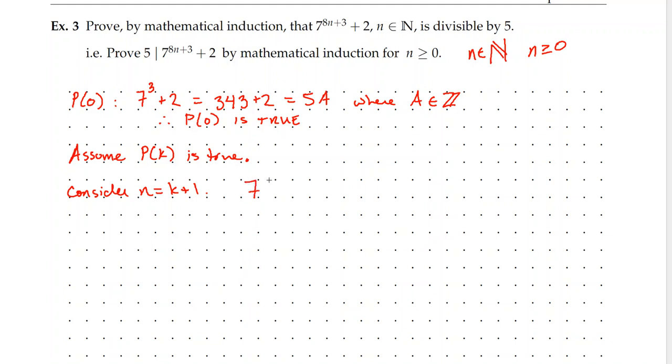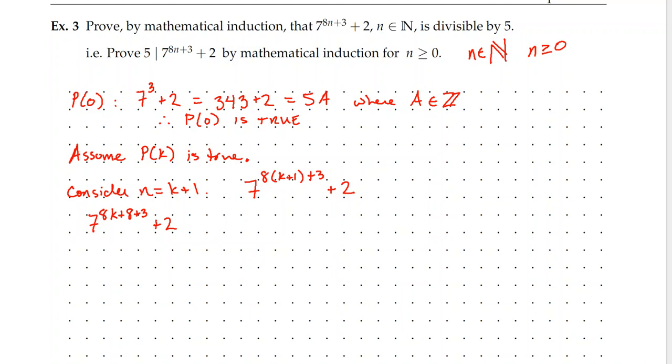That's going to be 7 to the 8(k+1)+3, plus 2. Rearranging, that's 7 to the 8k plus 8 plus 3, plus 2.